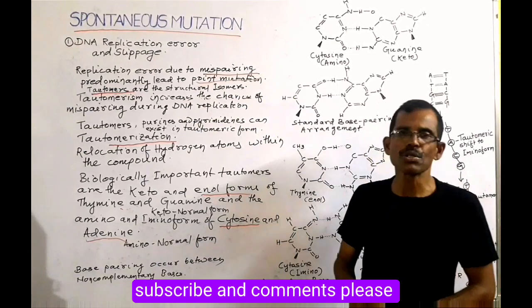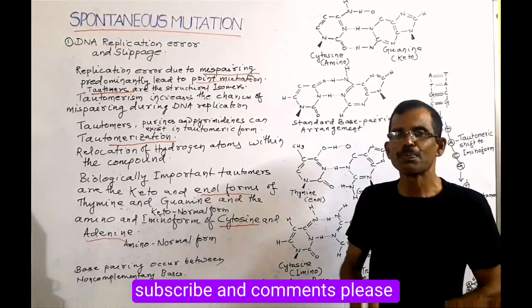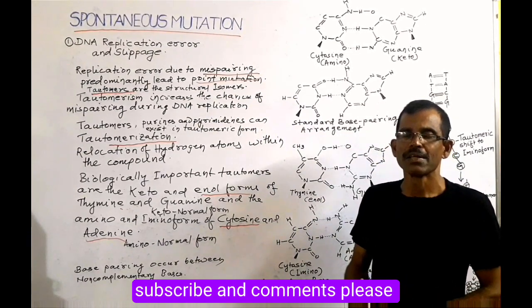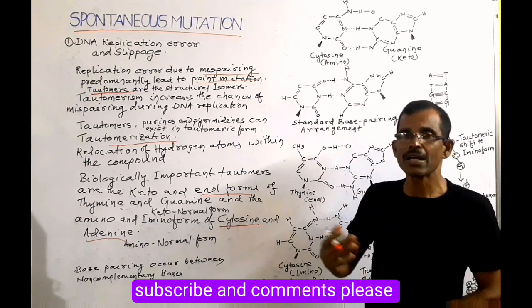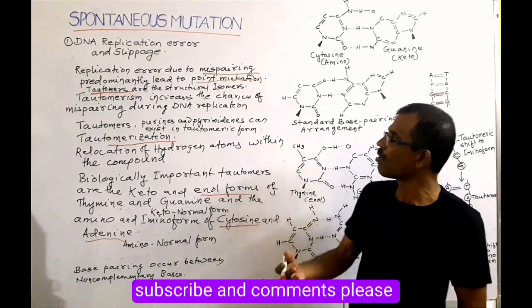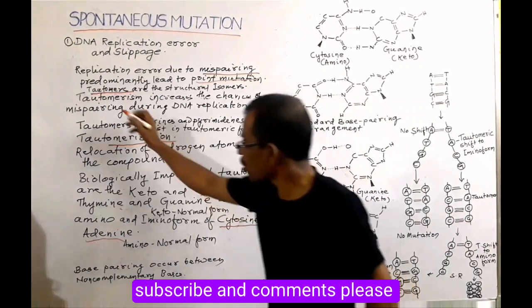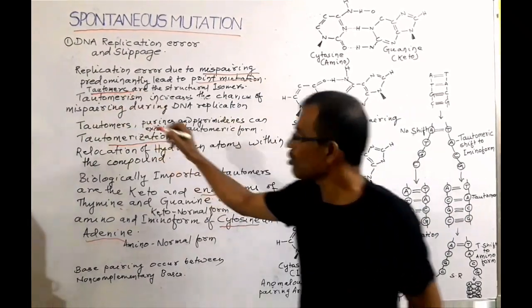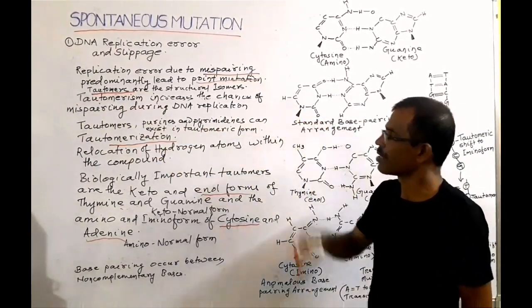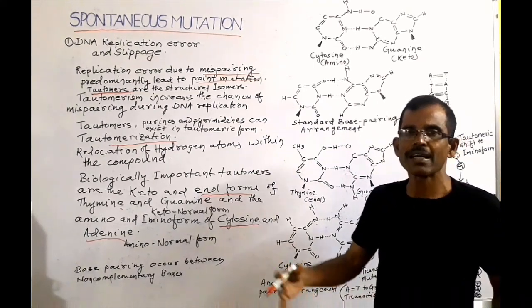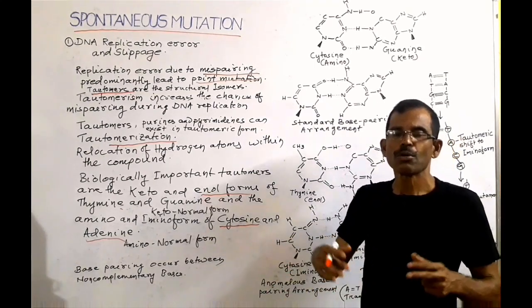So the nitrogenous bases, both purines and pyrimidines, exist in various structural isomeric forms known as tautomers. So tautomers are structural isomers. The tautomers are interconvertible.